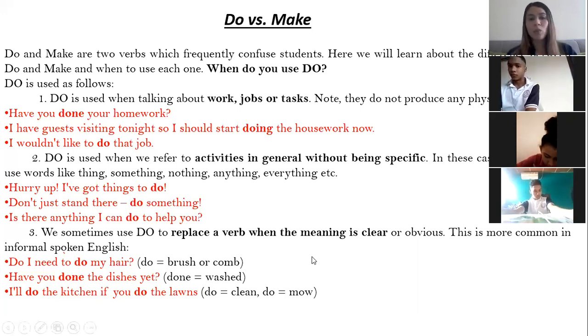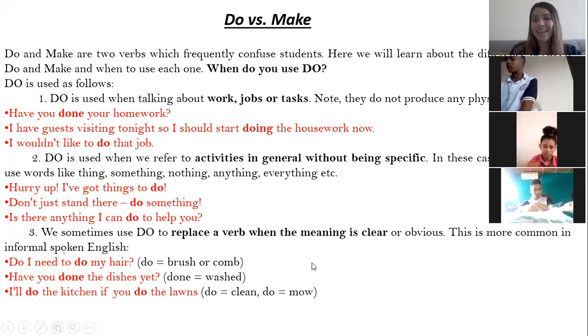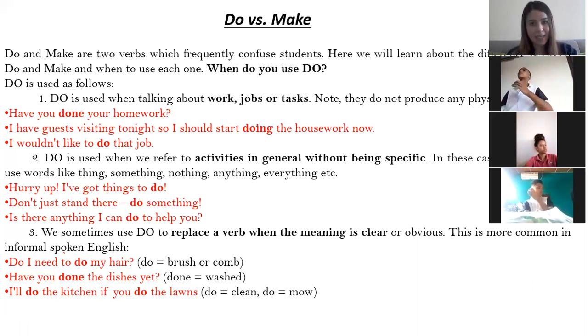También utilizamos do para reemplazar verbos cuando el significado de este es tan claro o ciertamente es tan obvio y es más común o es más usado en la manera informal de hablar el inglés. For example, if someone says, do I need to do my hair? Es como si dijera, necesito hacer mi cabello.